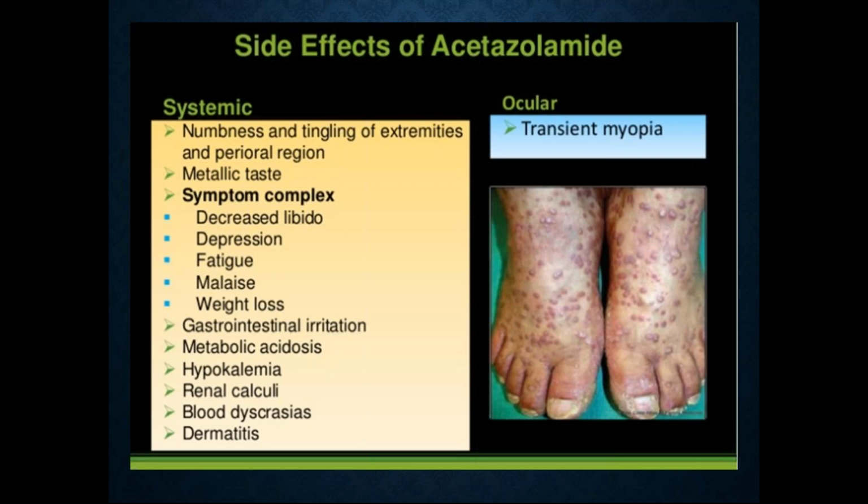So what are the side effects with acetazolamide? If given orally especially, there will be numbness and tingling of the extremities and perioral region. The patient feels more weak if you give a high dose of acetazolamide. There will be a metallic taste with acetazolamide, which is available outside as Dimox.